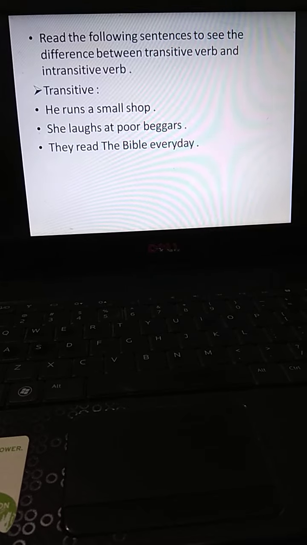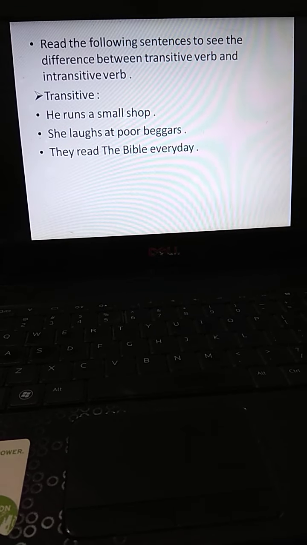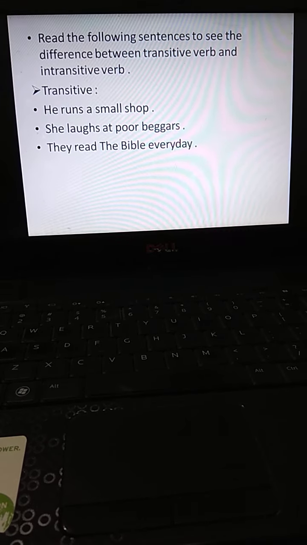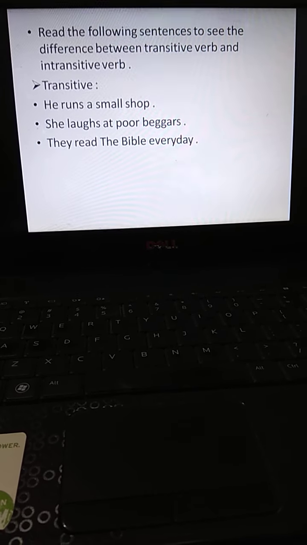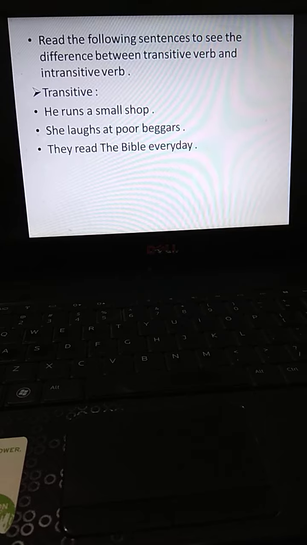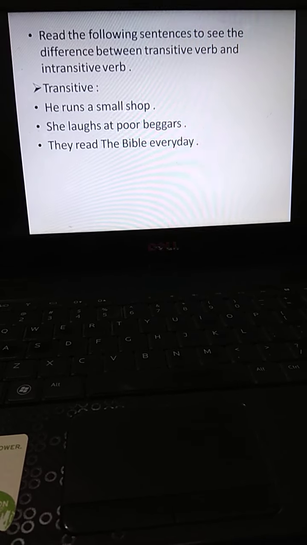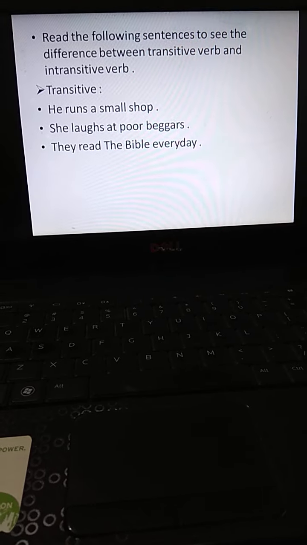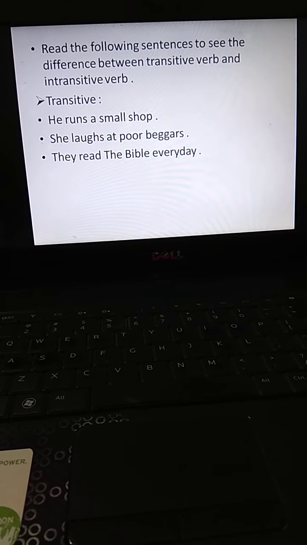Read the following sentences to see the difference between transitive and intransitive verbs. Transitive: he runs a small shop. She laughs at poor beggars. They read the Bible every day.